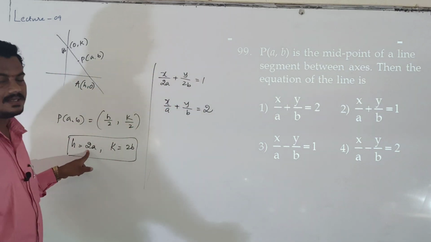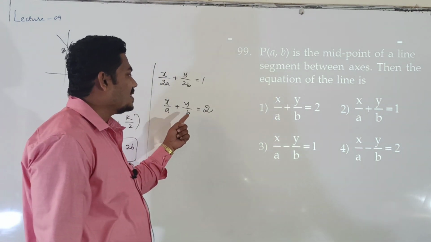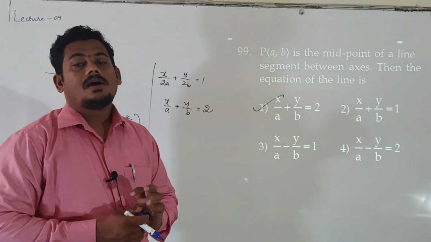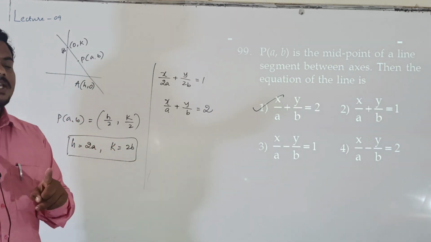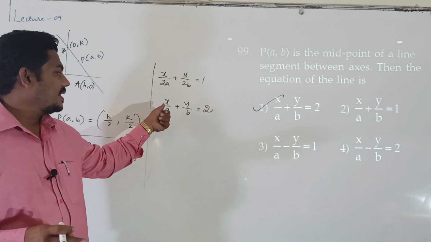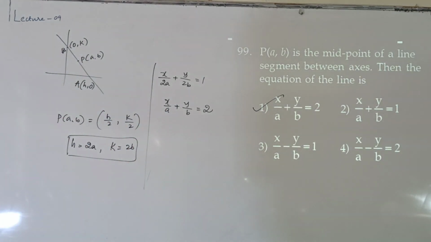In this situation, the equation of the line is x by A plus y by B equal to 2. That is the first option. This is our required equation.